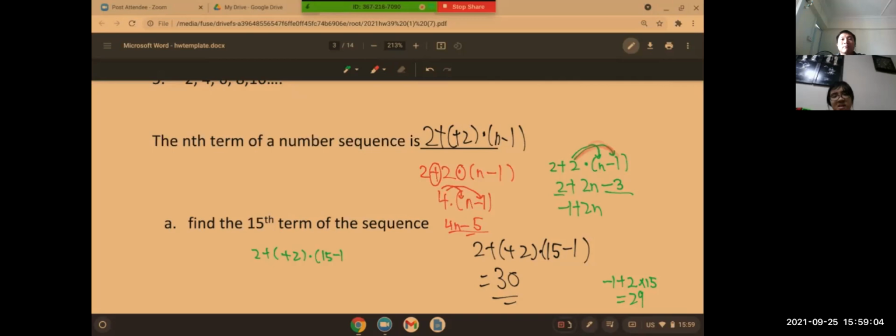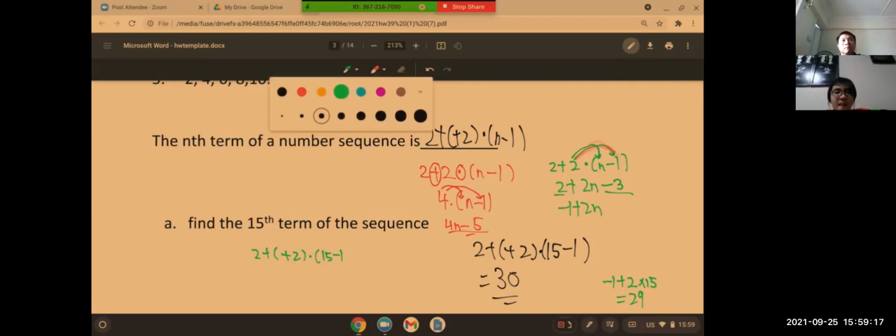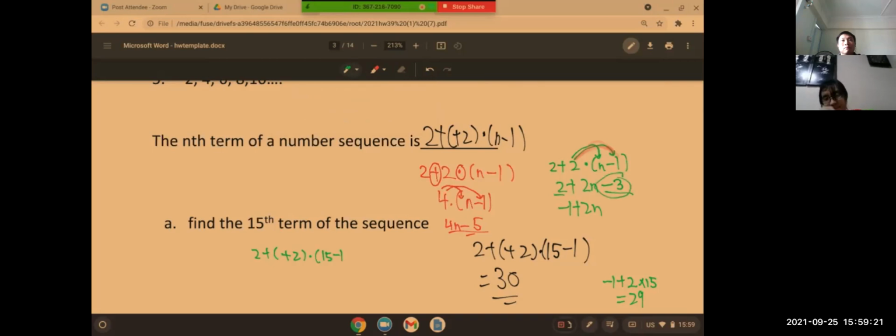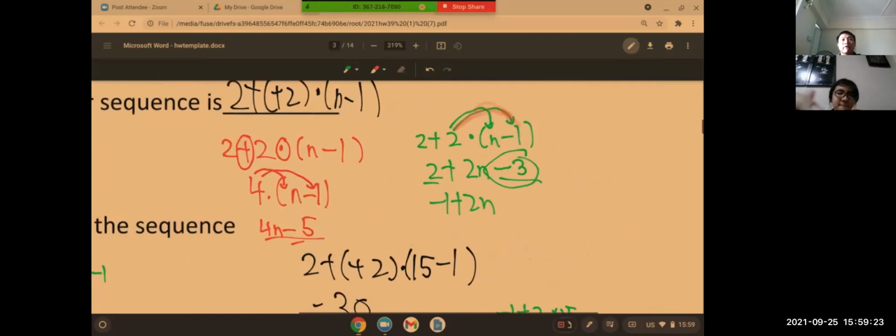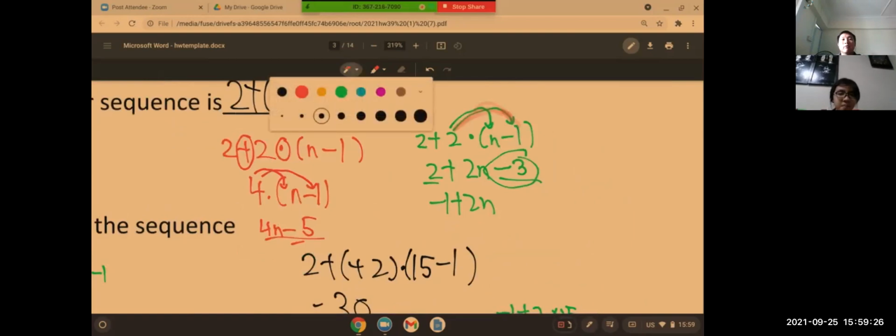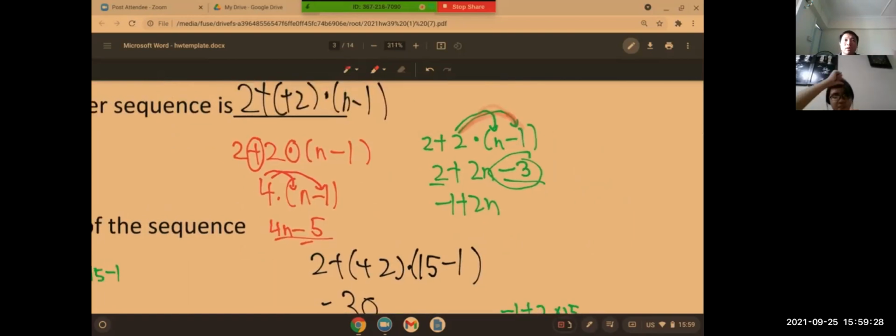Okay, first thing, 2 times 1. What is 2 times 1? 2. Then you circle your 3. Where do you get your 3 from? So the first arrow you get 2n. The second arrow you are supposed to get 2. Then in between there is a minus sign.